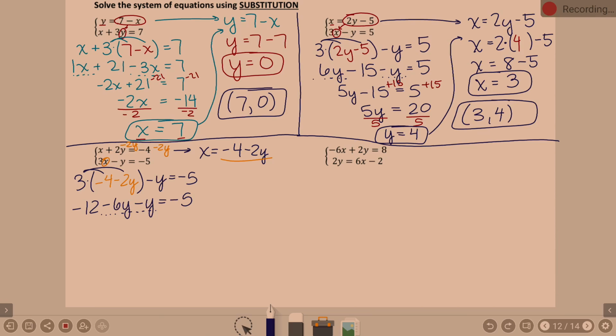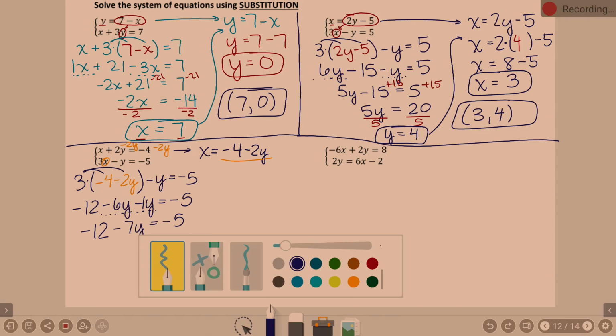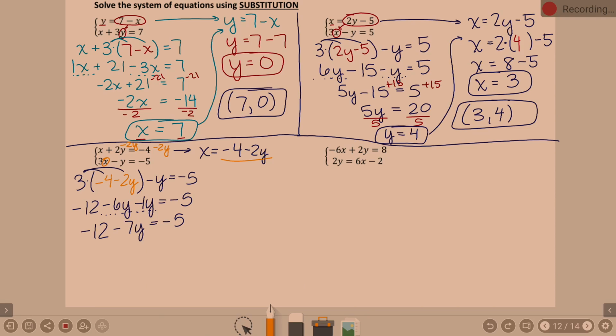Whatever you're doing, you have some like terms, don't you? For me, I have negative 6y minus y. So I'm going to carry my negative 12 down. Negative 6y minus 1y. What's negative 6 minus 1? Yeah. So minus 7y equals negative 5. If I'm trying to solve for y, I'm going to move the minus 12, so I'm going to add 12.